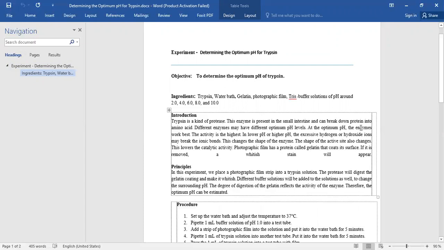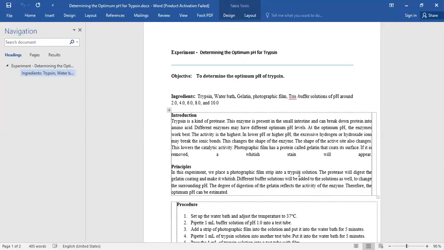At the optimum pH, the enzyme works its best. The activity is highest, in a lower pH or it can be in a higher pH. For the pH analysis, we place a photographic film in this experiment, and that photographic film will be digested by the trypsin.